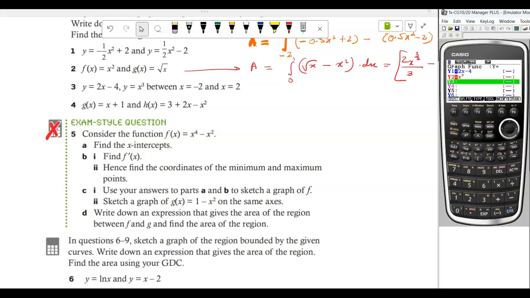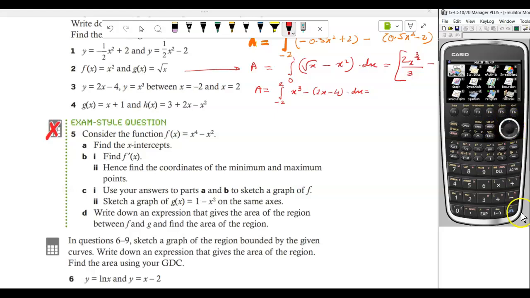So now rather than doing this, you can just type it in your run matrix. Your lower limit is minus 2, upper limit 2, upper function minus the lower function dx. In the graphic part you can't get this, so you go to run mode, menu, run matrix.